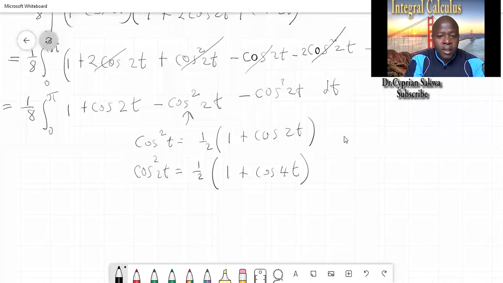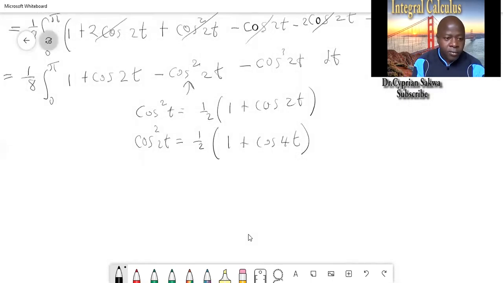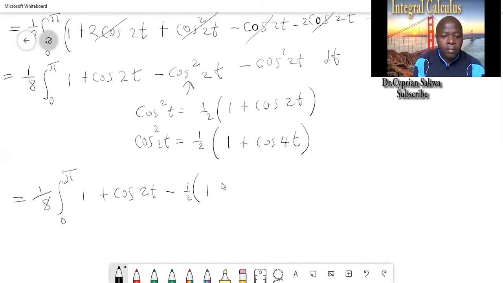So what do we then get? What we get is 1 over 8, the integral from 0 to pi of 1 plus cos 2t negative. Instead of this, we have a half into 1 plus cos 4t.